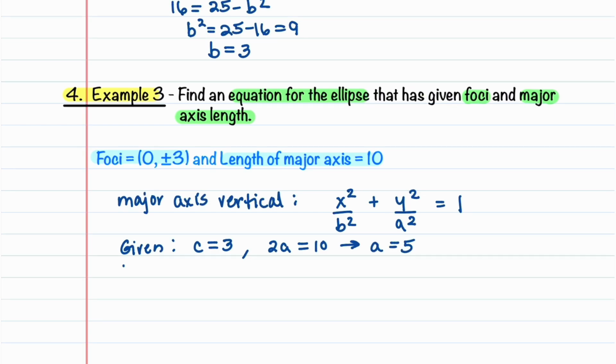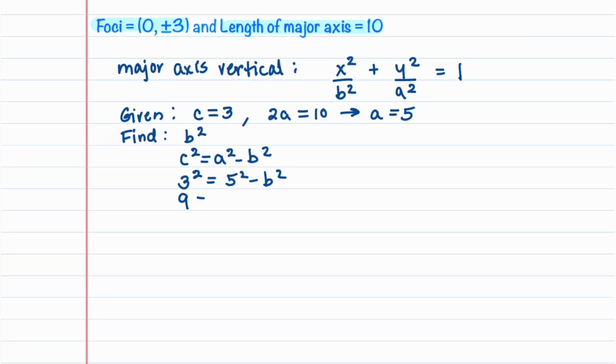Now all we have to do is find b squared. We're again going to use the equation that c squared is equal to a squared minus b squared. C is 3, so this is 3 squared, and then it's equal to a squared, so that's 5 squared minus b squared. This is 9 is equal to 25 minus b squared. Let's change sides.